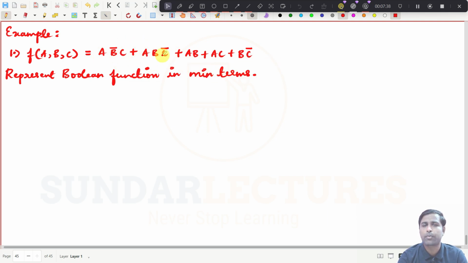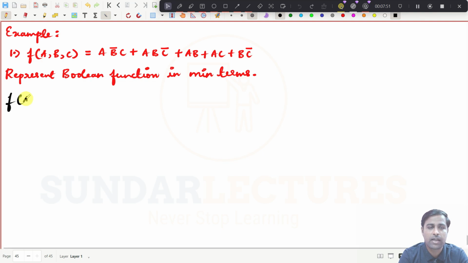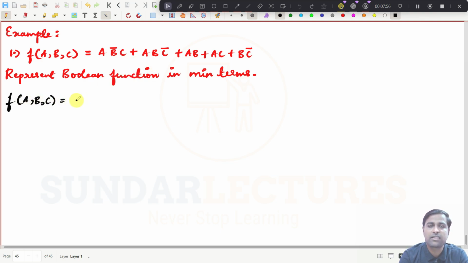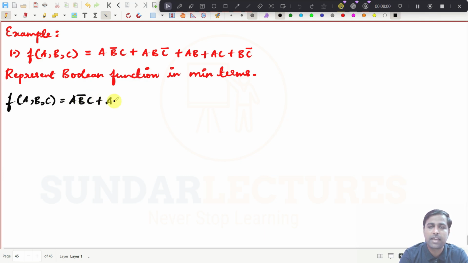These two terms, no problem. But these three terms have a missing variable. Then we have to convert that into canonical form. So first you convert this into canonical form. So f of a, b, c can be written as, these two terms I don't need to do anything, so a b bar c plus a b c bar.